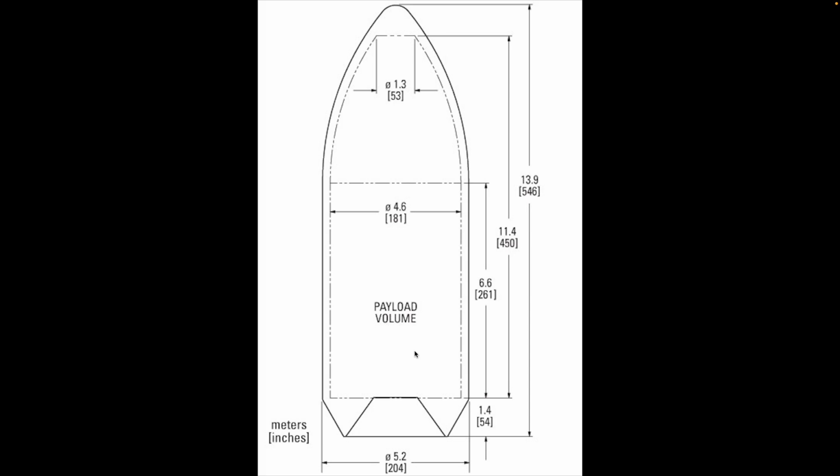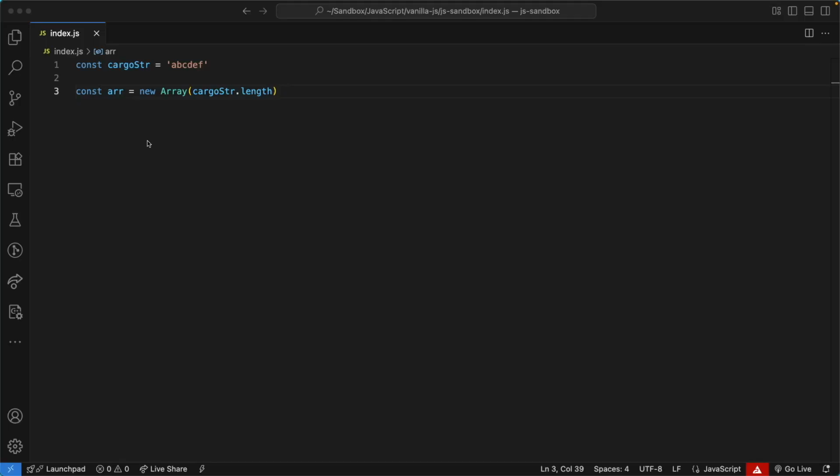This really helps with reduced power JavaScript engines like Hermes, which is the JavaScript engine that is used for React Native. And if you're not familiar, React Native is the framework that is used to generate native mobile apps from the React JavaScript library. So in code, we can declare an array with a specified length that will be the length of the 6 individual payloads within the cargo compartment.